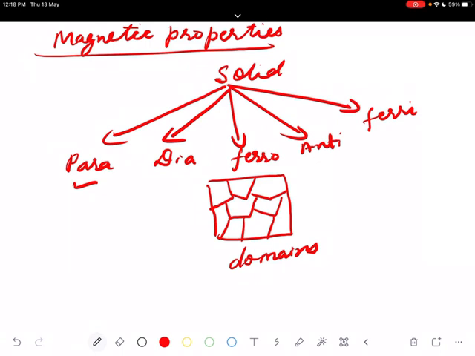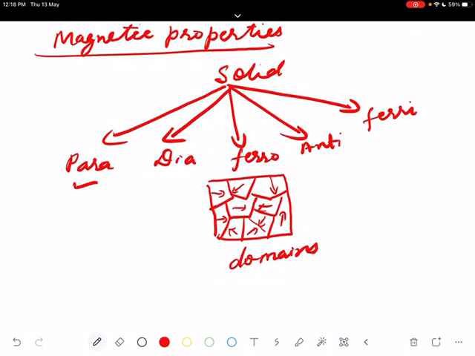In an unmagnetized piece, these domains are randomly oriented and their magnetic moments cancel each other.